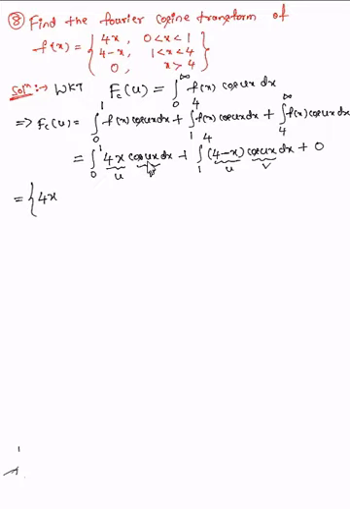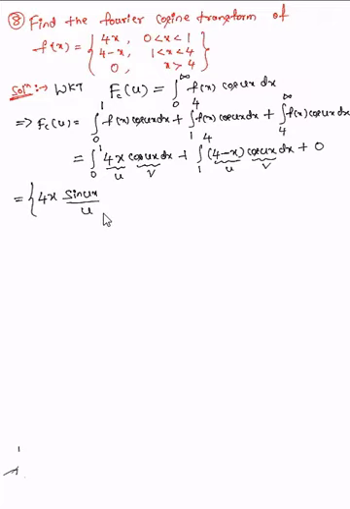Integration of cos is sine, so it is sin ux divided by u. Here dx is there, meaning the variable of integration is x. The coefficient of x is u. So when you integrate, you should divide by the coefficient of x, that is u. So integration of cos is sin ux by u.